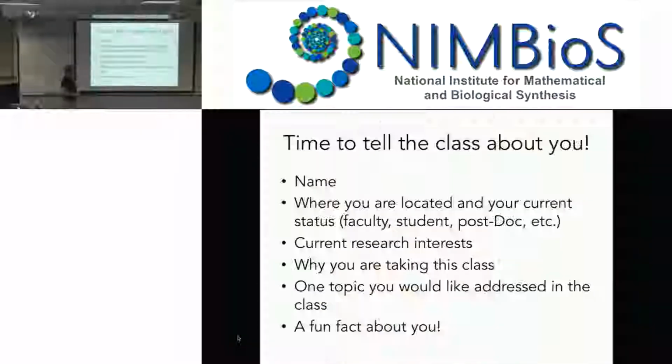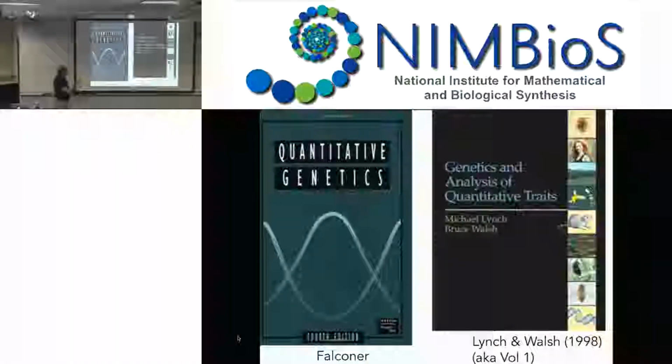Just bizarre, but Falconer is what I learned basic quantitative genetics from. Falconer is extremely nice because basically it's accessible. If you want to pick up quantitative genetics from scratch, Falconer, now Falconer and Mackay, Trudy Mackay, updated a little bit, is kind of the standard introduction.